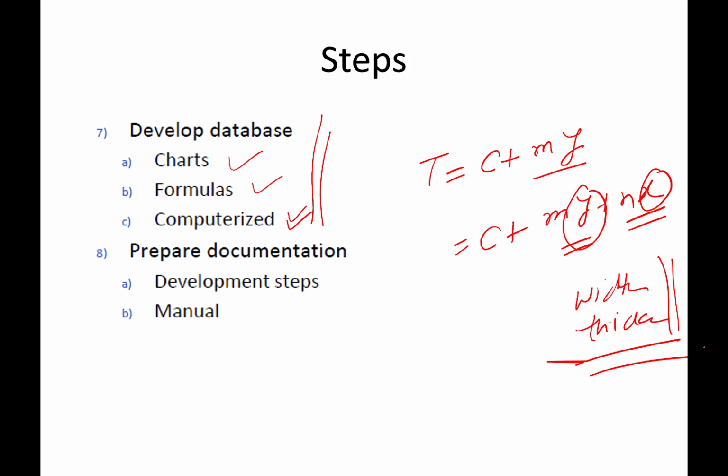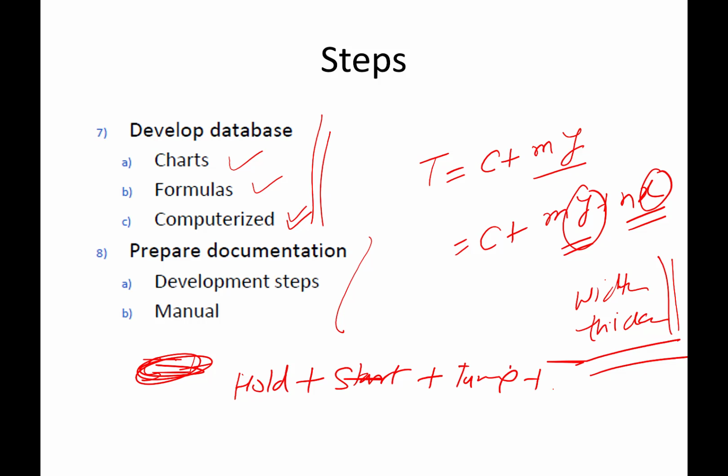Eventually, we compile the time and prepare the documentation. We compile the time for constant activities like start the machine, hold the job, perform turning, unhold the job, and then put aside the job.